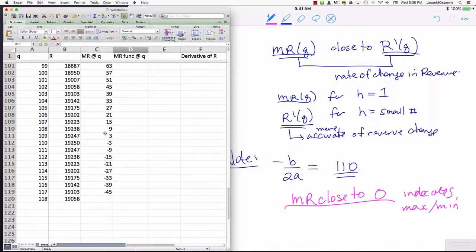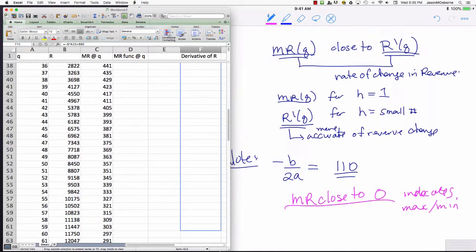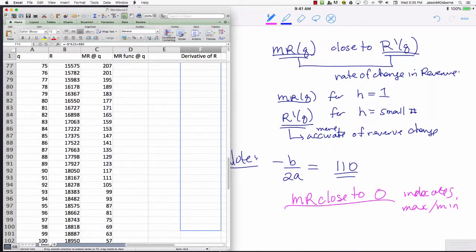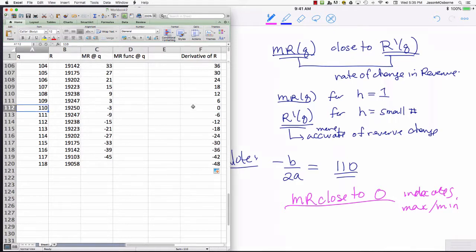If you look at the derivative, let's check the accuracy here. Look at the derivative at these production levels. Notice that at 110, the derivative being 0 tells you exactly where the maximum is occurring.